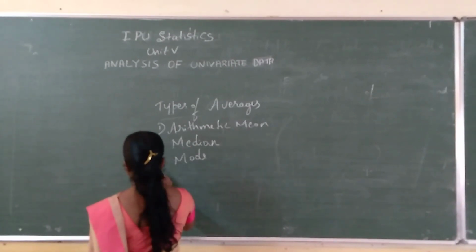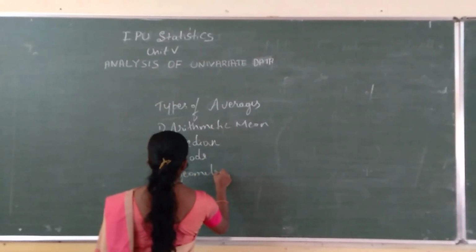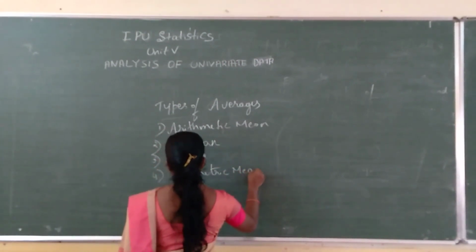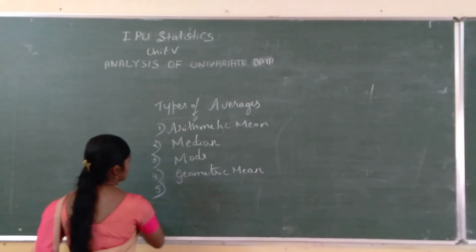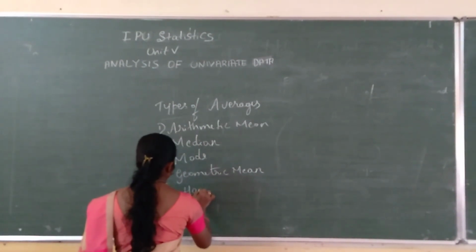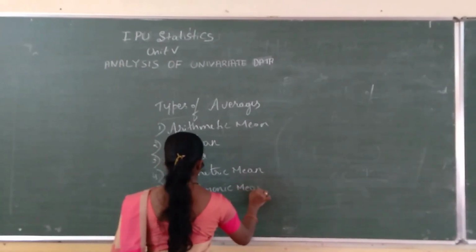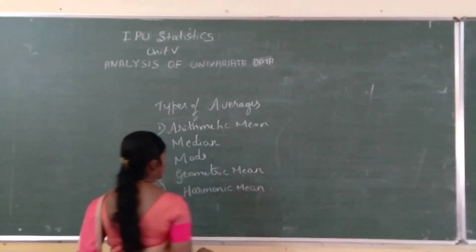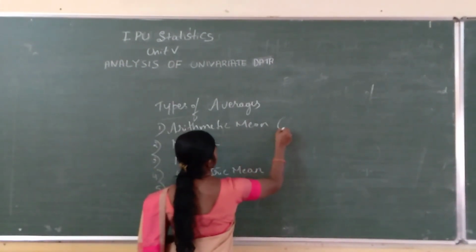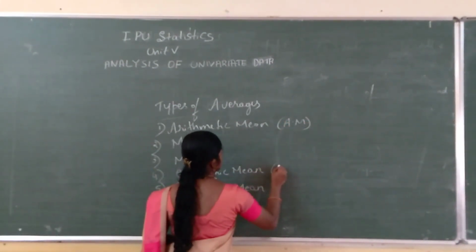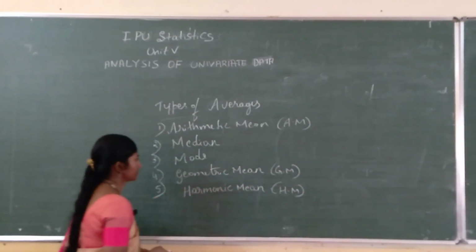Fourth one, geometric mean, Gunottara Sarasari. Next, harmonic mean, Haratmaka Sarasari. Here, arithmetic mean is AM, this is GM and this is HM.